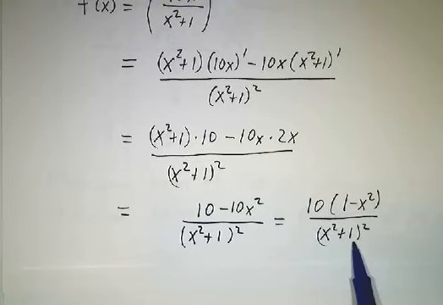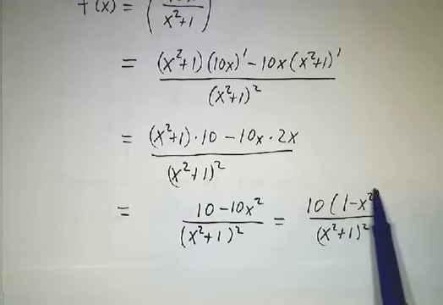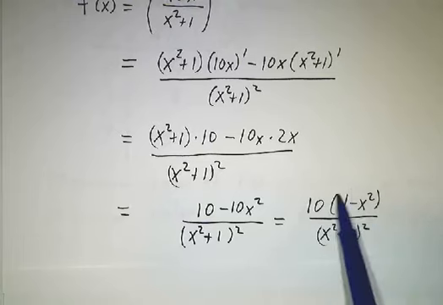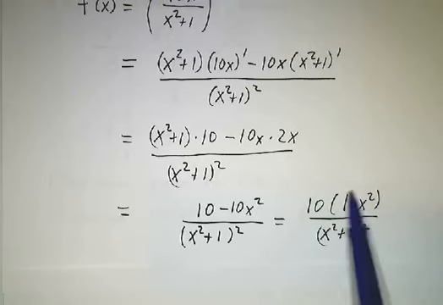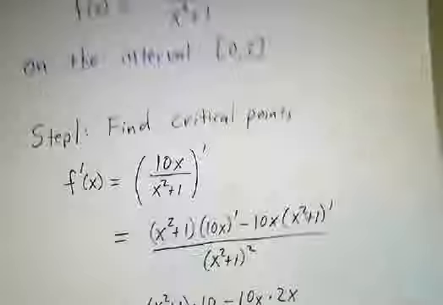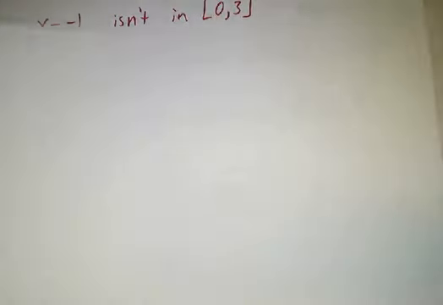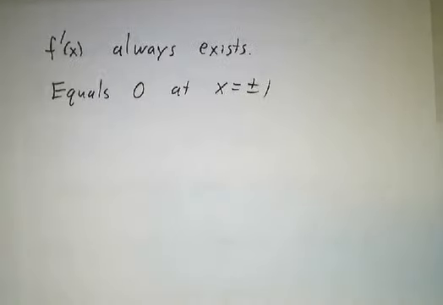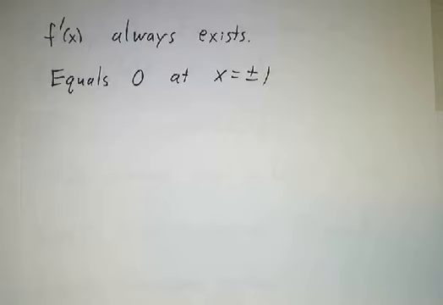So where is that 0? Well, the only place that a ratio can be 0 is where the numerator is 0. So the derivative is 0 exactly when 1 minus x squared is 0. The derivative always exists. It equals 0 at x equals plus or minus 1.